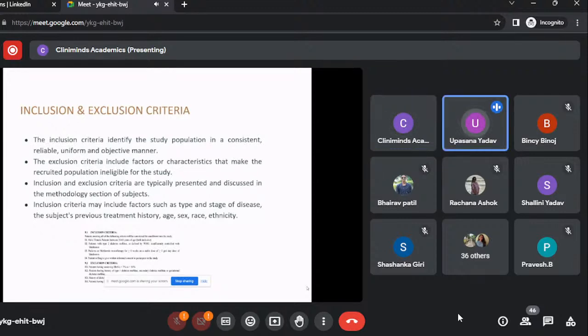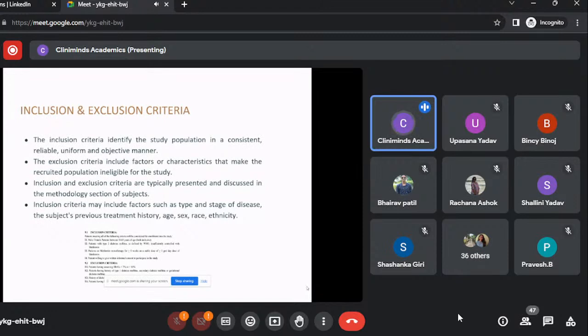If they are taking any medicine, there may be some prohibited medicine involved in the study. If they are taking that particular medicine, we cannot take them. So a list of medicine information we can also see. Then, abnormalities in laboratory parameters.